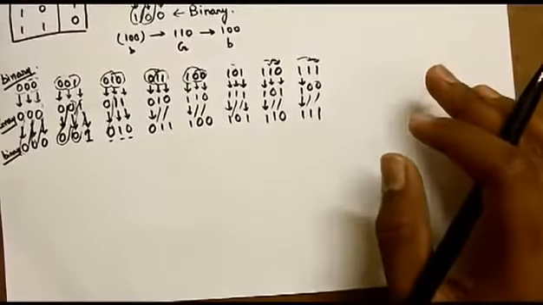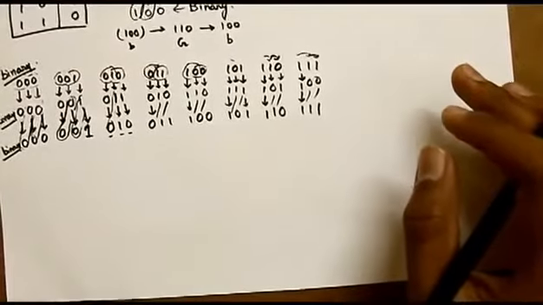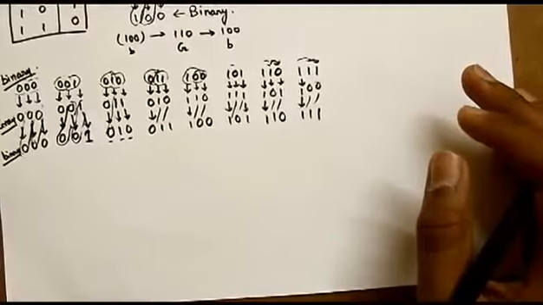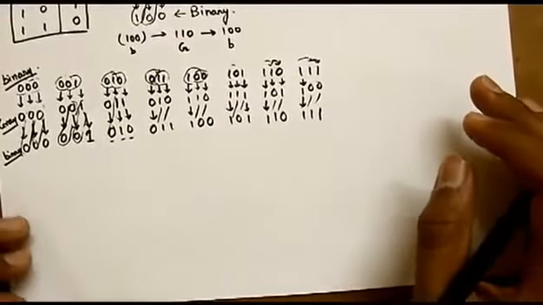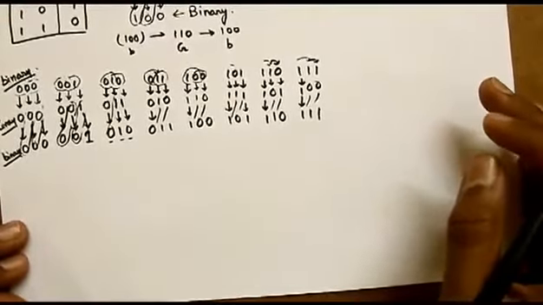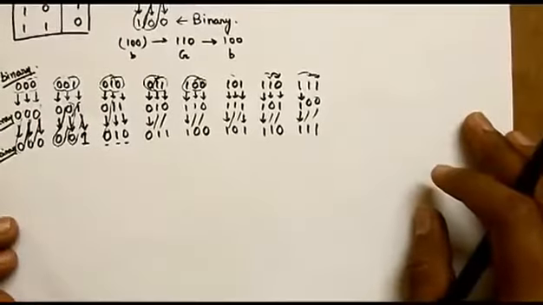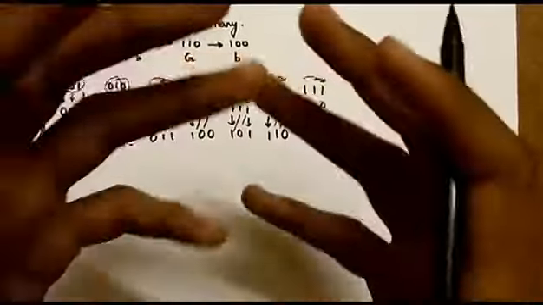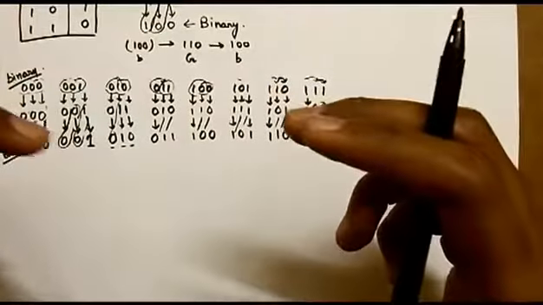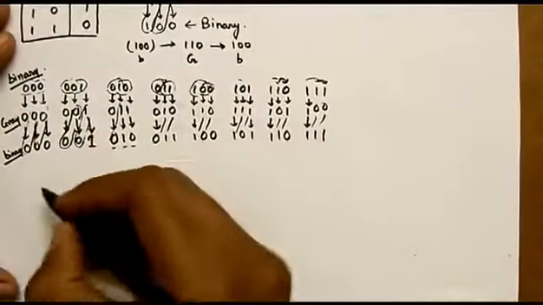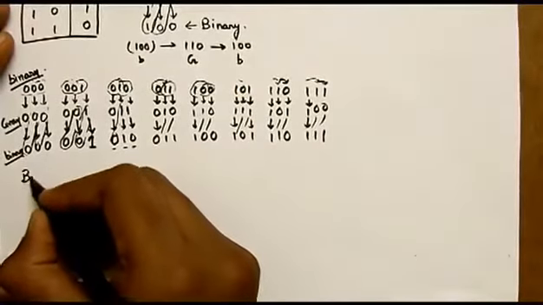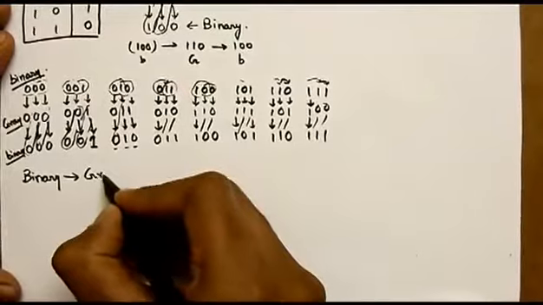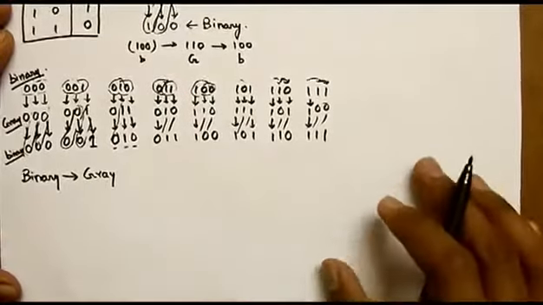Now, let us look at a simple circuit which can directly convert binary to gray and from gray to binary. As I said, only an XOR gate is needed, so we will try to design a simple equivalent logic for converting binary to gray. First, let us see binary to gray.